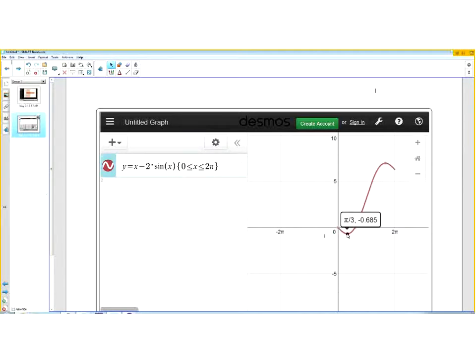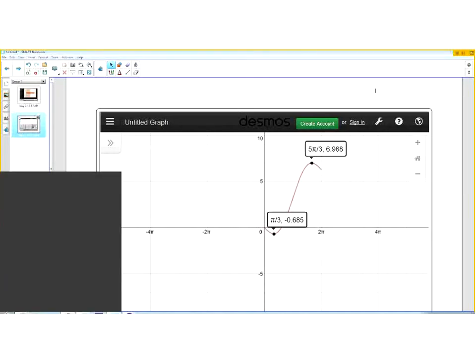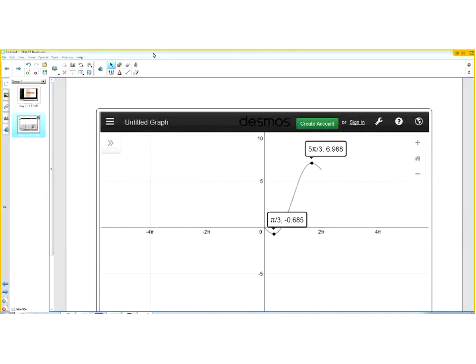And so the absolute minimum occurs perhaps at this point, and the absolute maximum occurs perhaps at that point. Let me do a print screen of this. Stand by while I extract the graph.